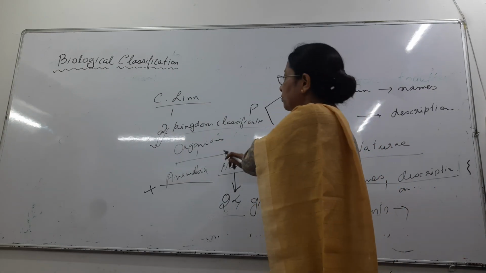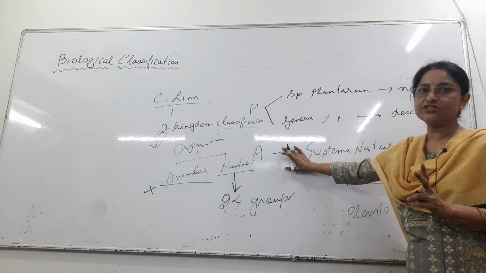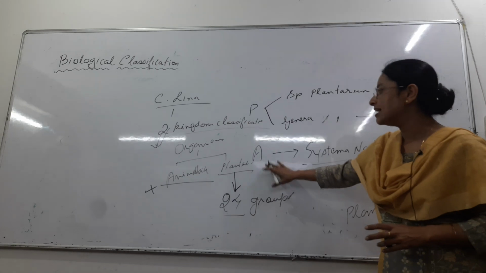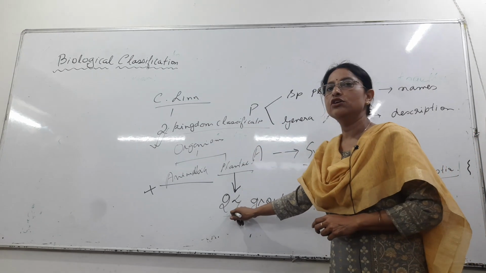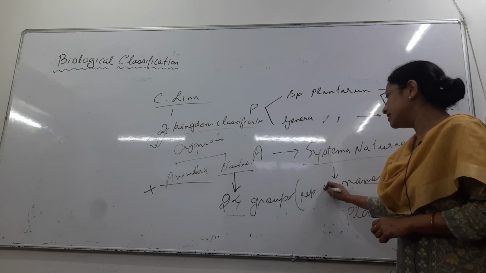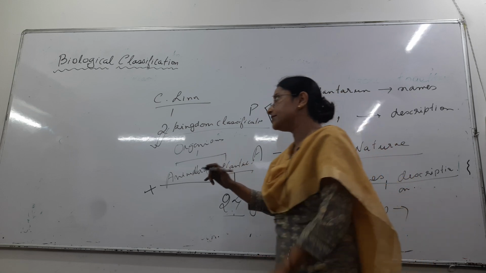The entire plants that were present were divided into 24 groups on the basis of reproductive characters.